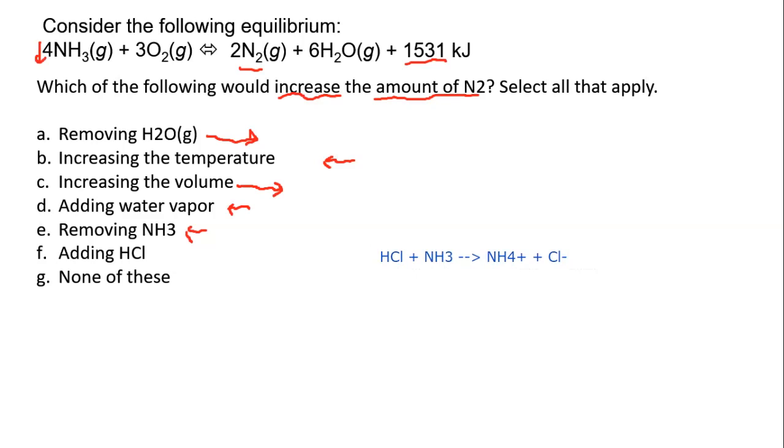Since you're decreasing a reactant, it's going to shift to make more reactants. So the ones that will cause an increase in N2 are removing a product such as H2O gas or increasing the temperature. The other ones will not increase the amount of N2. Sometimes they add things which perform indirectly. They may not be involved in the chemical reaction, but they have a secondary reaction with one of the reactants or products.